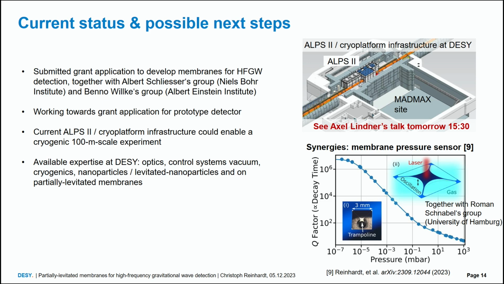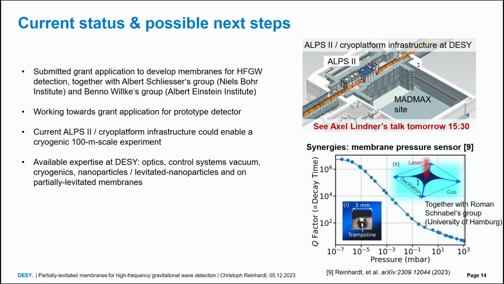And related to this, all the expertise is available at DESY. We have the optics experts, controls, vacuum, cryogenics, you name it. Axel will give a talk about this tomorrow at 3:30 and tell you about all these details about ALPS 2 and the infrastructure at DESY.